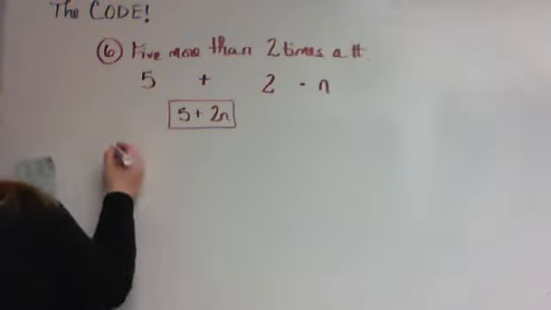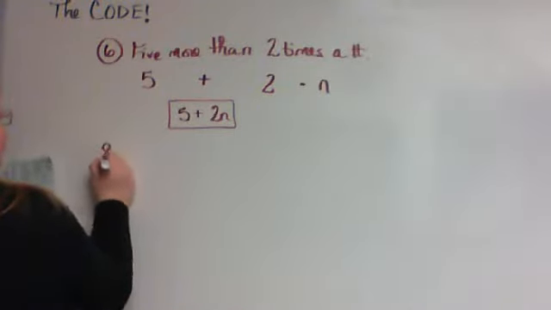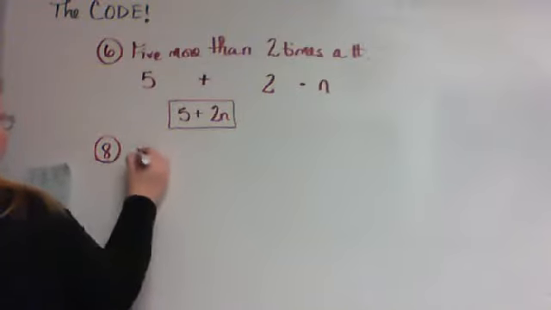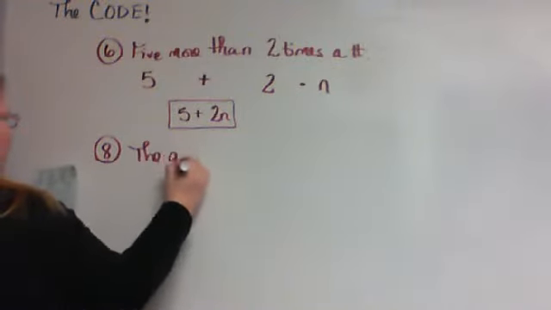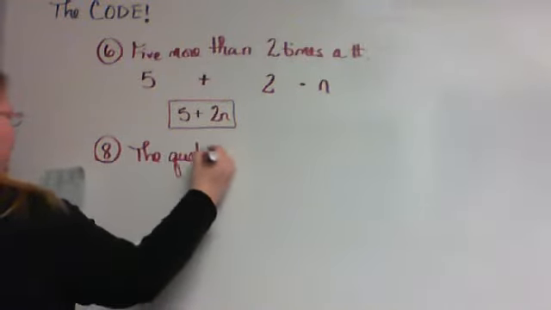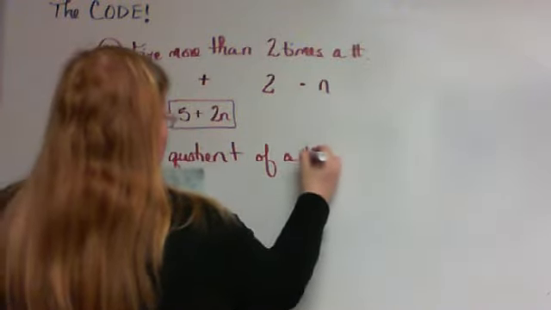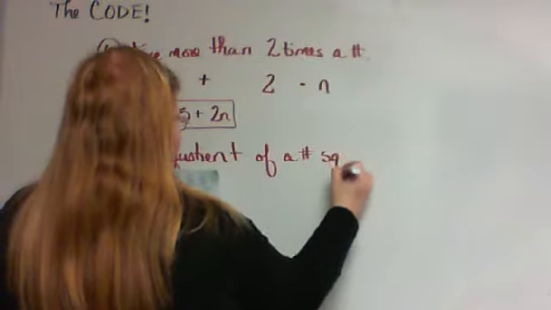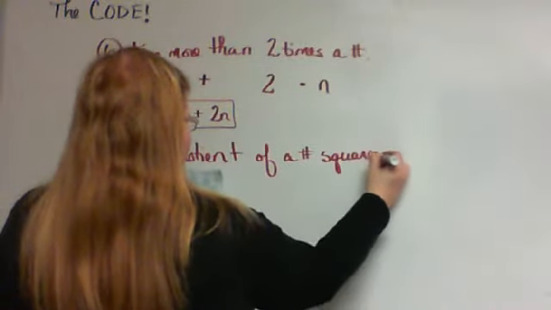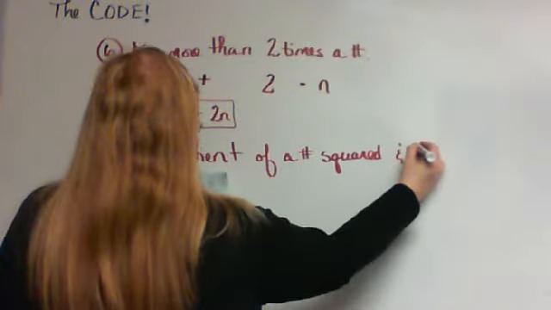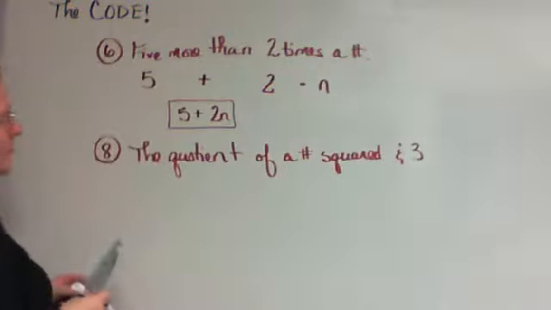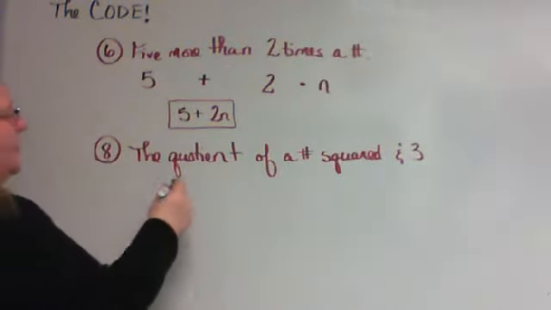So, problem number 8. Says the quotient of a number squared and 3. Quotient means division, right?